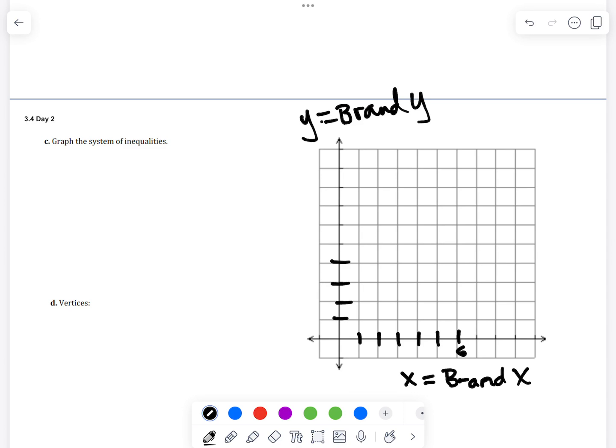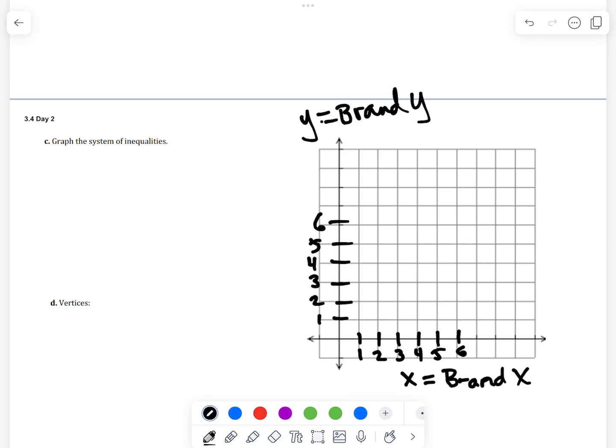And this is going to go up to 6. So each unit is 1 unit. 1, 2, 3, 4, 5. 1, 2, 3, 4, 5.